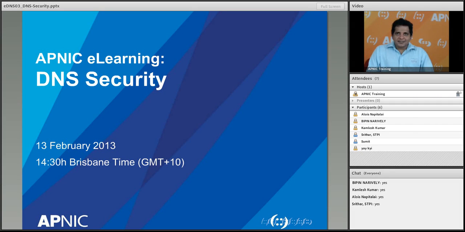So let's get started. As I said earlier, in this session we are going to focus on DNS security. There are some assumptions. For example, we assume that you have some understanding of the general concepts of DNS, because in this session we will be talking about more advanced concepts related to the security aspects of DNS.